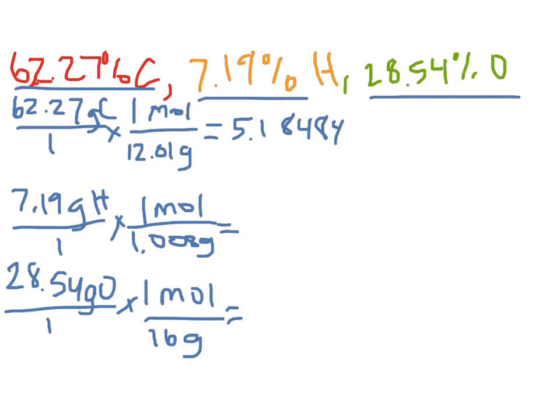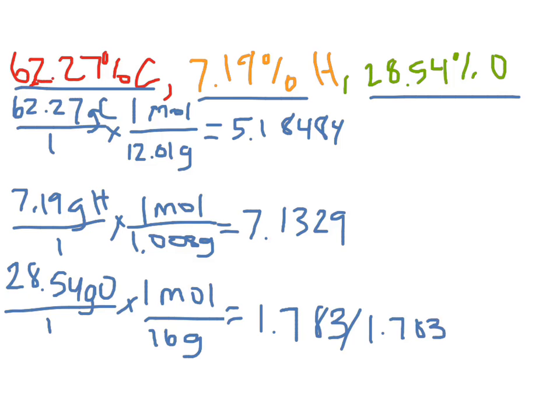So the next one is 7.1329. It looks like we're going to be okay. 28.54 divided by 16, yeah, looks like we're going to be okay. 1.783. So you're going to divide by the lowest number, which we can all determine is 1.783, for O. We divide each by 1.783 to get the subscripts for the empirical formula.